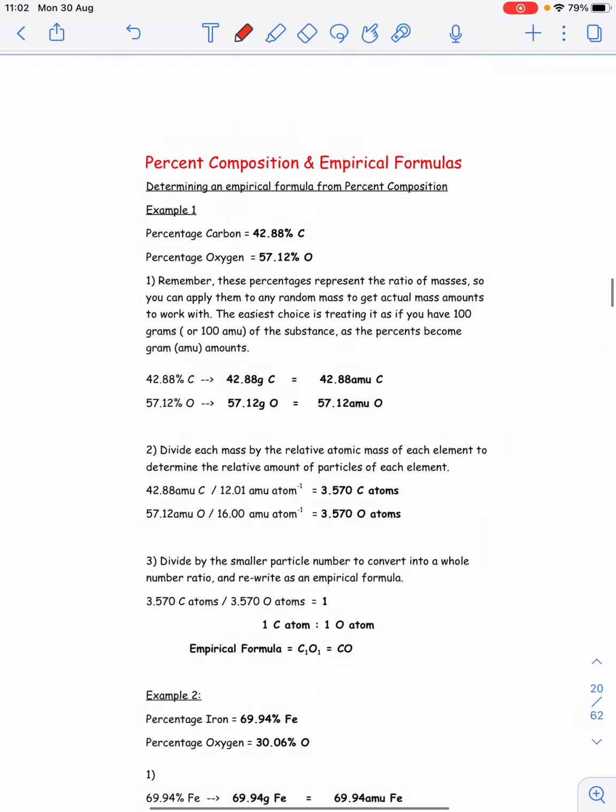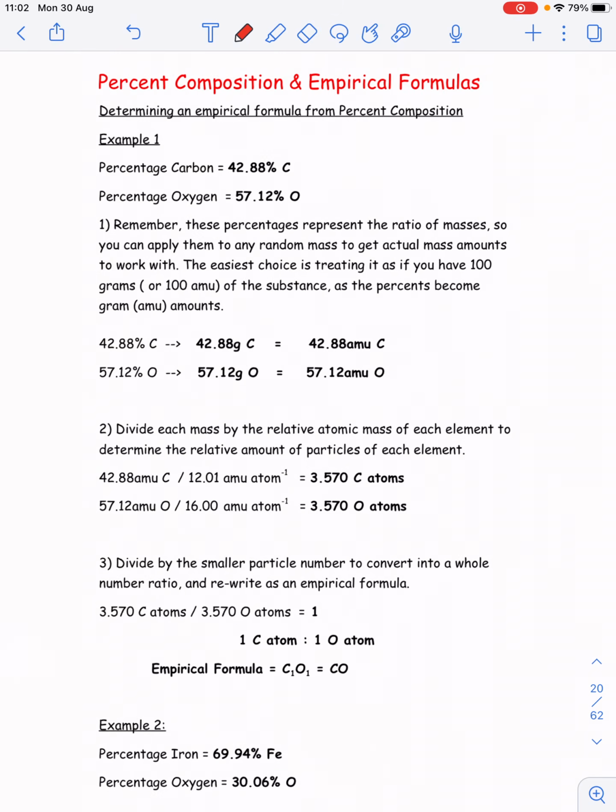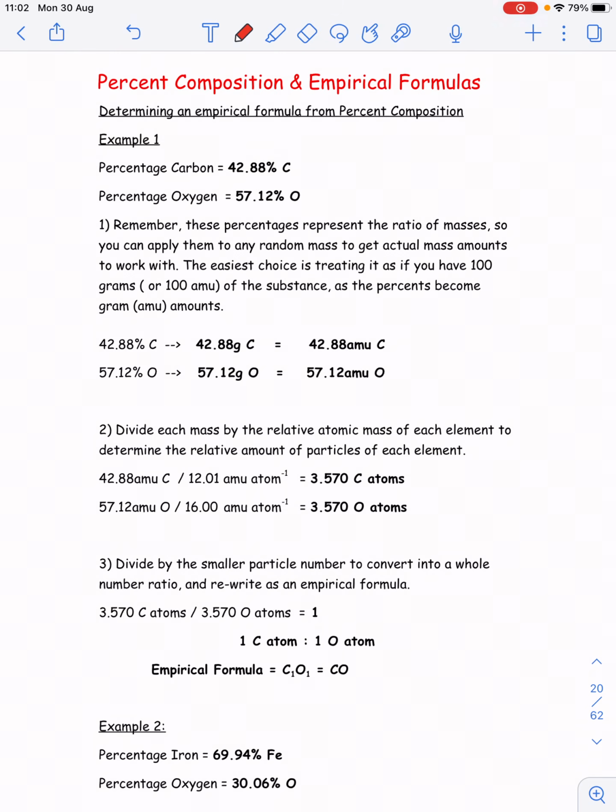Okay, really quickly, if we now flip this, we're trying to figure out the empirical formulas. So this is the first example. We figured out that in carbon monoxide, carbon was 42.88%, and the other one was 57.12% of oxygen.